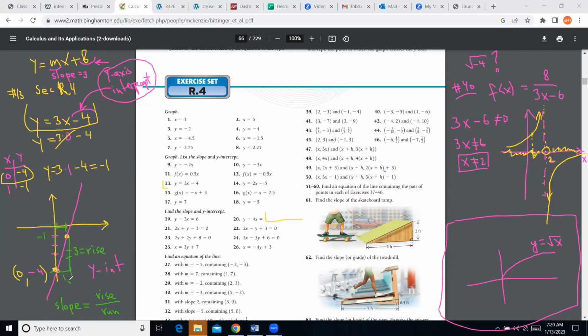And the run is how far you go to the right, or horizontally along the x-axis. So if you go 1 step along the x-axis, you need to rise 3 steps along the y-axis. So the slope is actually 3 divided by 1, which is 3.